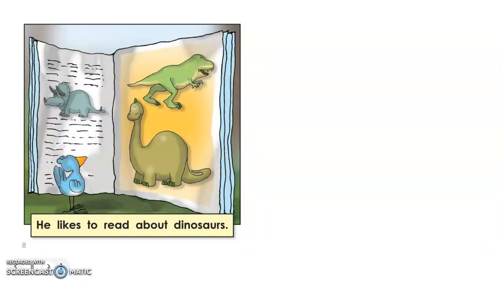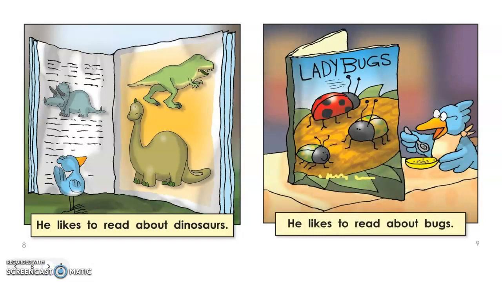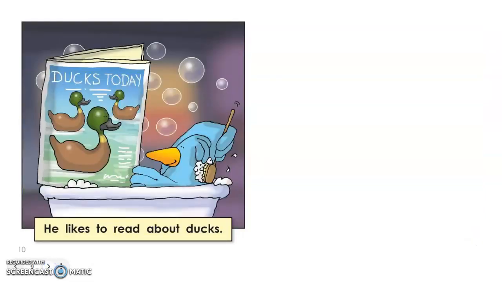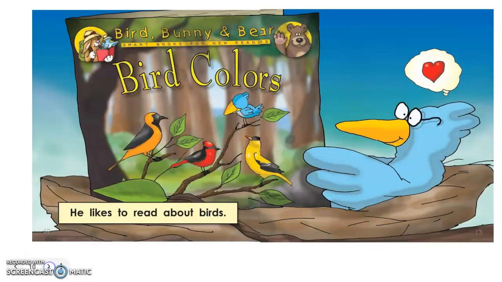He likes to read about dinosaurs. He likes to read about bugs. He likes to read about ducks. He likes to read about stars. He likes to read about birds.